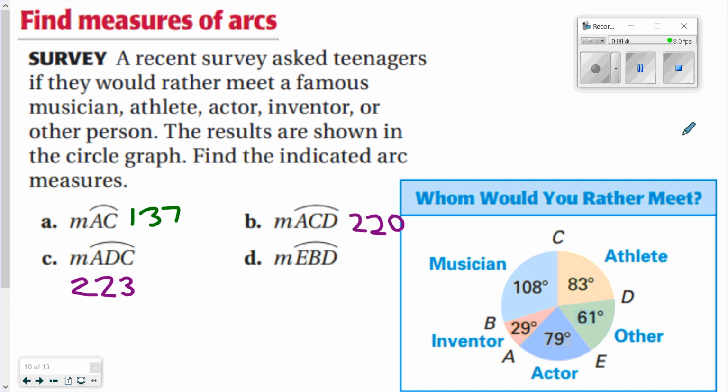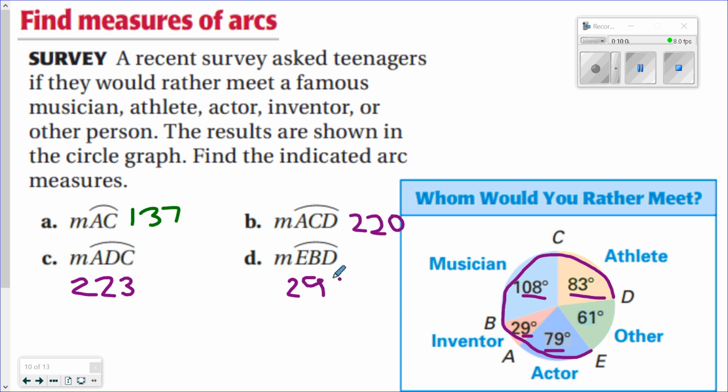And the last major arc is EBD. So we start at E, we go to B, and then to D. And we could add all of these up again. And when you do so, you get 299.